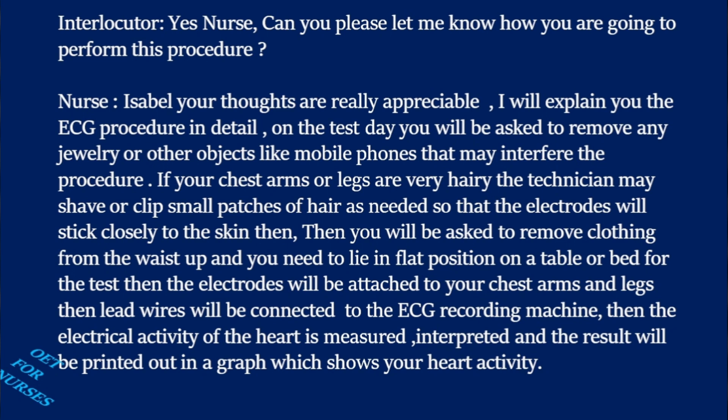Then you will be asked to remove clothing from the waist up and you need to lie in a flat position on a table or bed for the test. Then the electrodes will be attached to your chest, arms and legs. Then lead wires will be connected to the ECG recording machine. Then the electrical activity of the heart is measured, interpreted, and the result will be printed out in a graph which shows your heart activity.